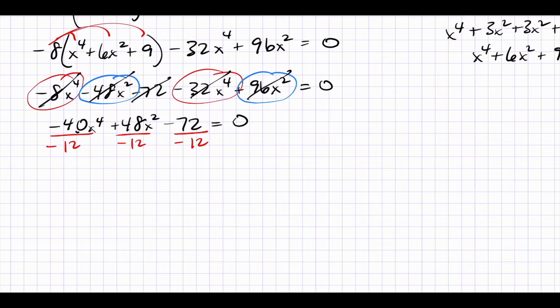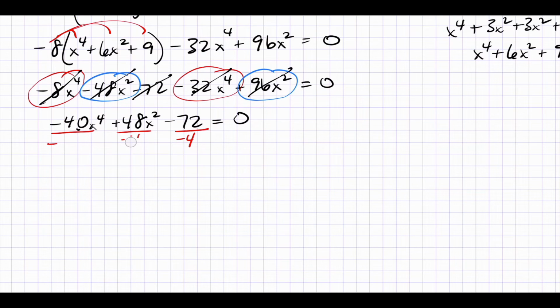Nope, 12 does not go into all of them. Okay. I guess 4 again goes into all of them. What about -8? Will -8 go into all of them? Let's use that then.